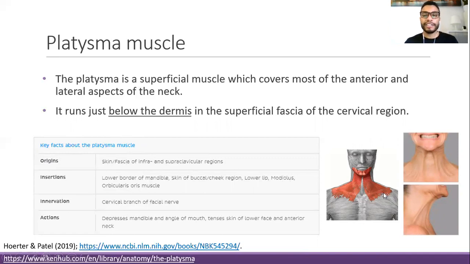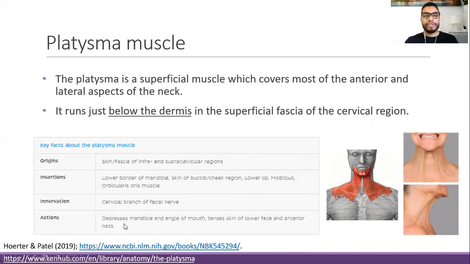So it's not attached directly to the clavicle. Instead, it is attached to the superficial fascia, not directly to the bone. And then it inserts in the lower border of the mandible, the skin of the buccal cheek region, lower lip, and this area here of the orbicularis oris muscle in the mouth.